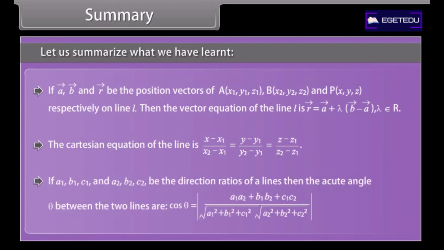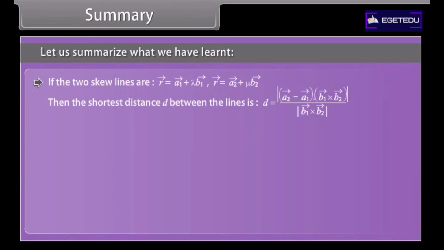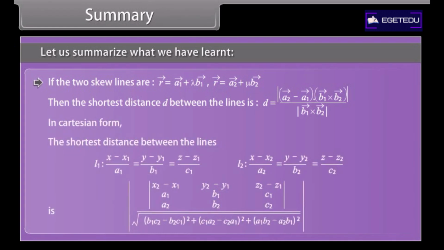If a1, b1, c1 and a2, b2, c2 are the direction ratios of two lines, then the acute angle theta between the two lines is given by the following. If the two lines are skew lines, then the shortest distance d between the lines is given in Cartesian form by the following.